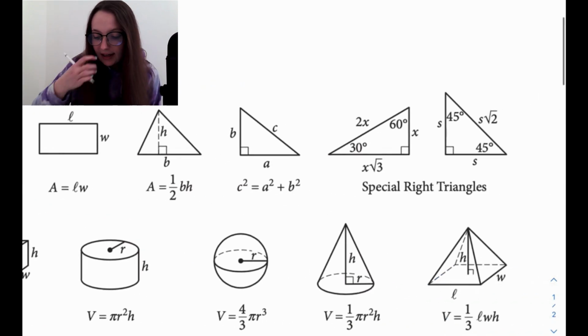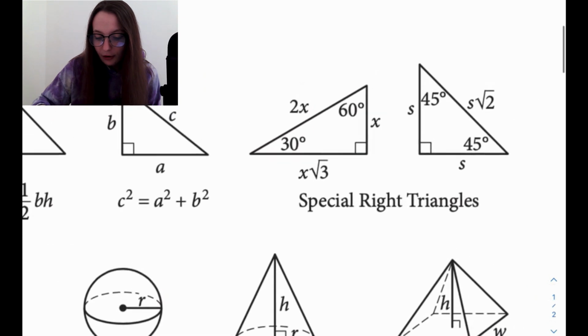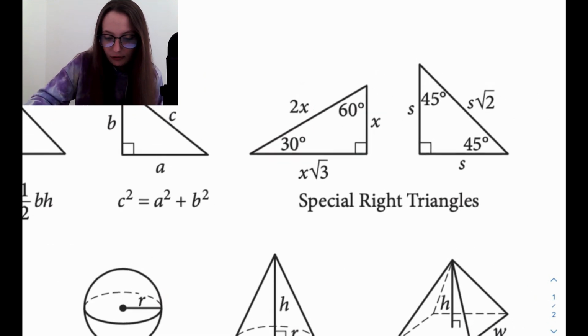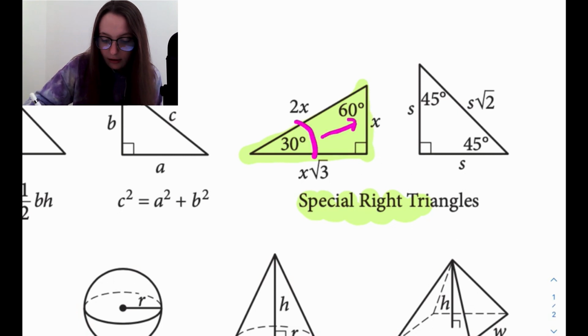So we can see that when we're talking about a 30, 60, 90 special right triangle, this one right over here that I am highlighting in green, we can see very clearly that the side opposite a 30-degree angle corresponds with X, and that the side opposite 90, or the hypotenuse here, corresponds with 2X.